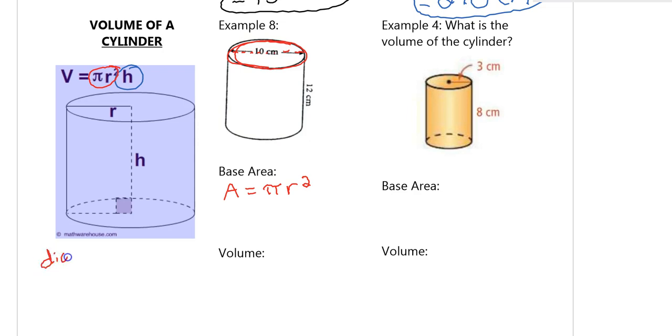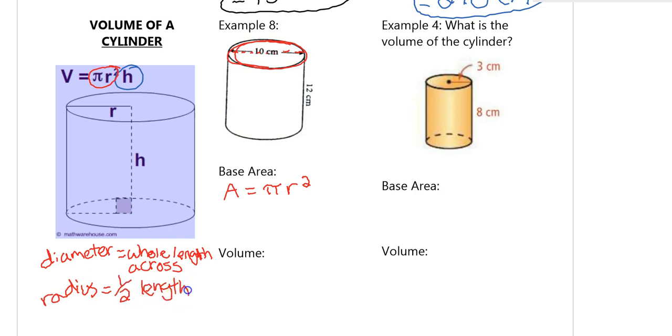I just want to write down here, diameter equals whole length across. Radius equals half the length across a circle. So if I look here, this gives me my diameter.